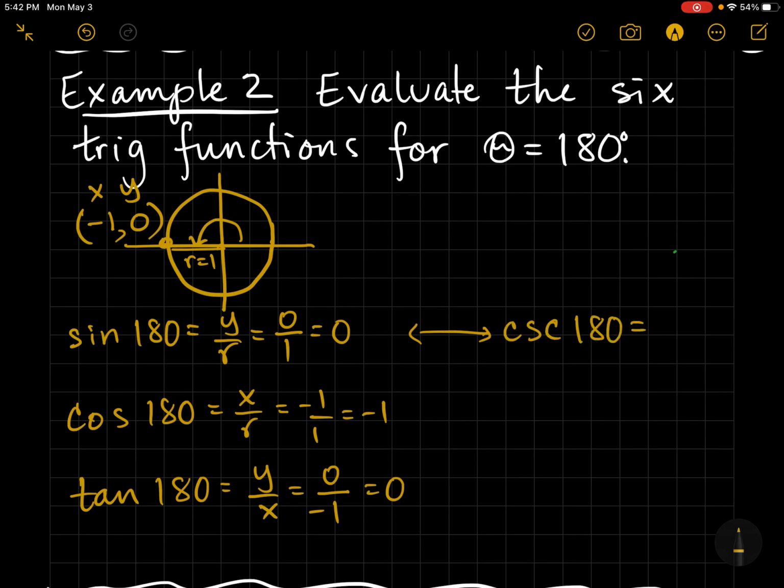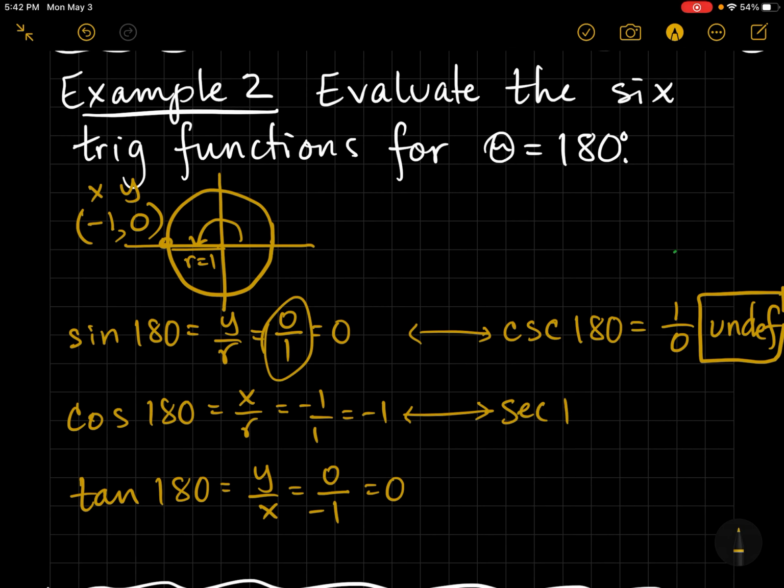Now the reciprocals might get a little tricky. For the cosecant of 180 degrees, flip the fraction, and something bad happens. Remember, thou shalt not divide by 0. So we say this is undefined. For the reciprocal of cosine, we get 1 over negative 1, which is just negative 1.